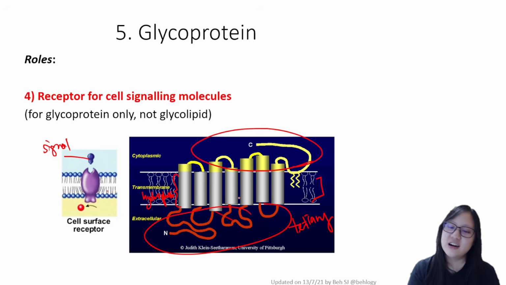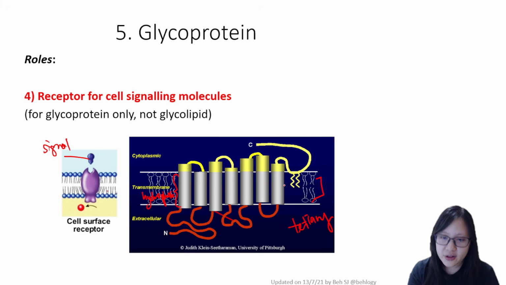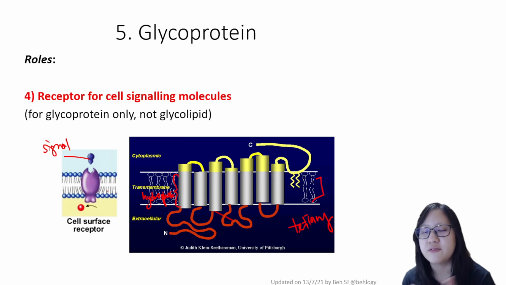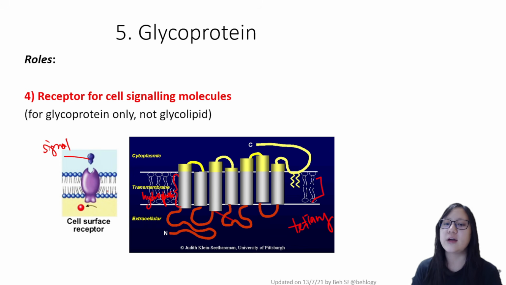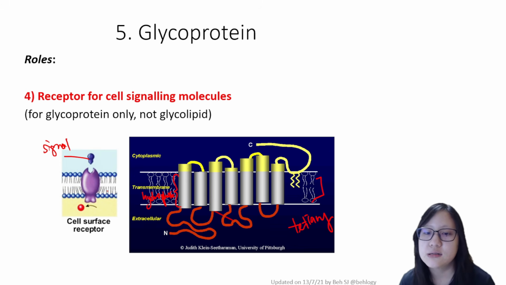So I just wanted to show you this diagram because it came out once before, but even though it looks incredibly complicated, the principle is still the same. Glycoproteins and proteins are made of polypeptide chains. Amino acids have different side chains with different properties that interact with different parts of the phospholipid bilayer.